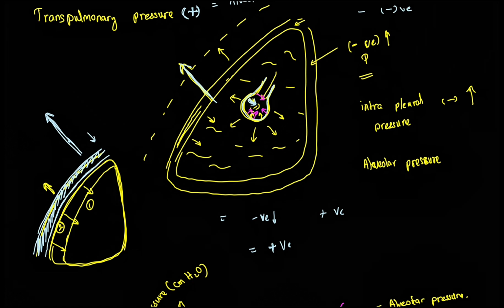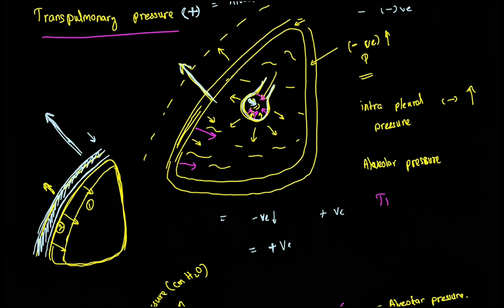So the transpulmonary pressure is the net pressure, which considers the intrapleural pressure and the alveolar pressure, the air inside of the alveoli. And then we have the forces that try to collapse the lungs, which are the elastic recoil and the surface tension.